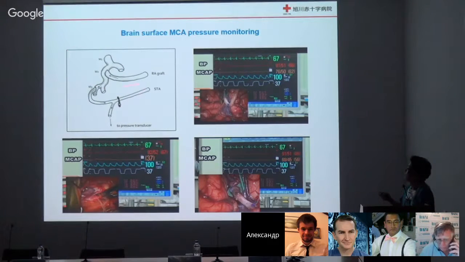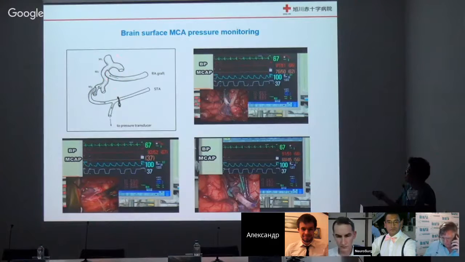Because the RA anastomosis is to M2, if M2 occlusion is needed, there is a risk of ischemic complication. So first we perform a bypass to the distal part of M2, usually M4. This bypass is easier and less invasive, so M2 occlusion is not so dangerous. It is called the insurance bypass.